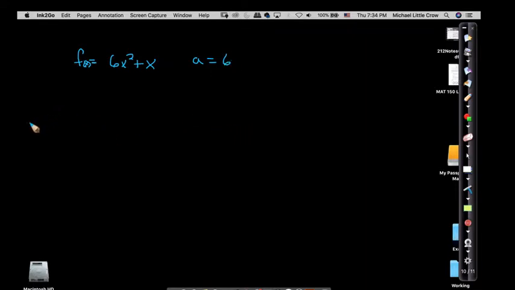Okay, so let's walk through this using the difference quotient, the slope formula. And this is, again, just rewriting it. f of a plus h minus f of a, divided all by h. Okay, so we start off, we want to find what is the y value when a is 6. So 6 gets plugged in here.